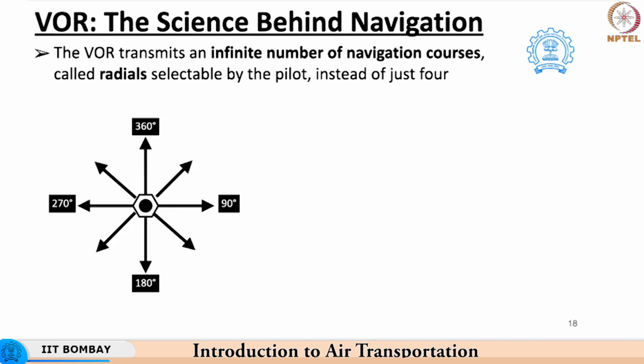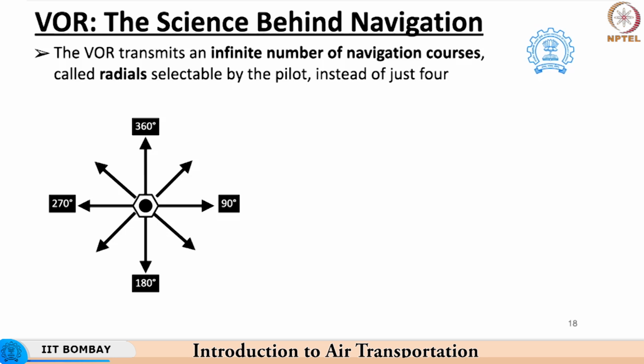Unlike NDBs, VORs transmit an infinite number of navigation courses called radials. These radials are selectable by the pilot. So, for instance, a pilot has determined a particular VOR station and wants to reach that VOR station on a particular course, for example, 90 degrees.